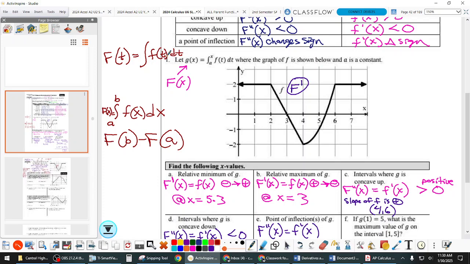We're plugging in b, and that's going to be f of b. And then a would be here. So in this, it is g of x only because we're plugging in x once we take the integral. If instead of writing x up there, we wrote b, would our answer still be x?